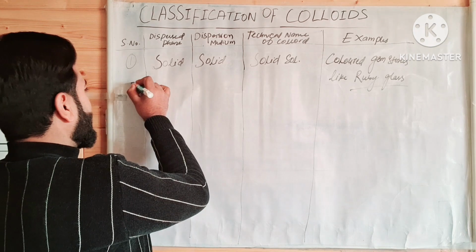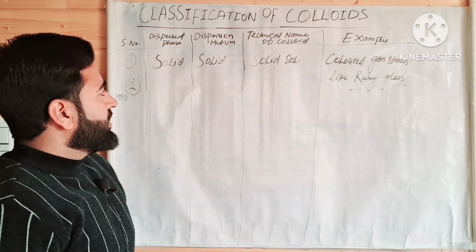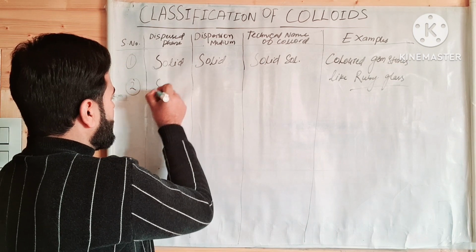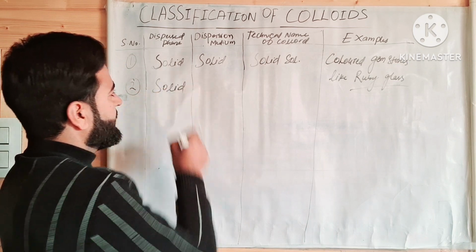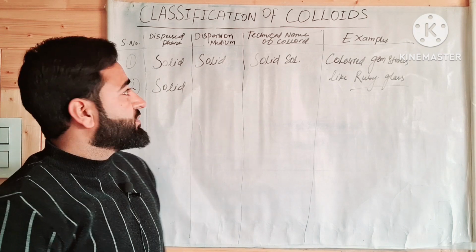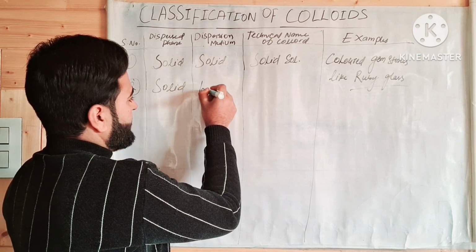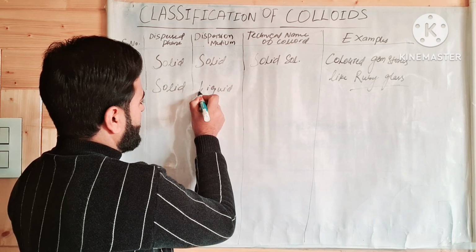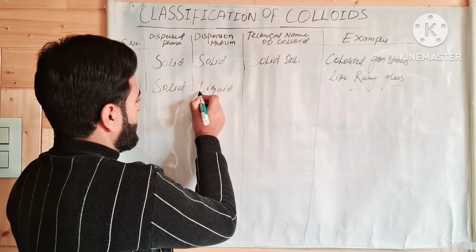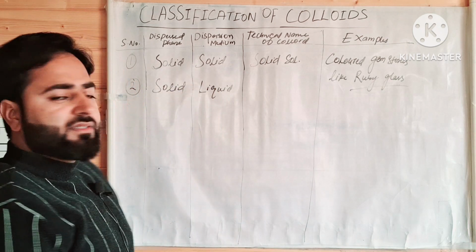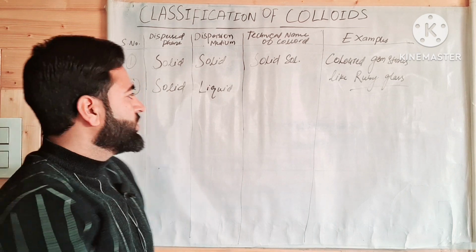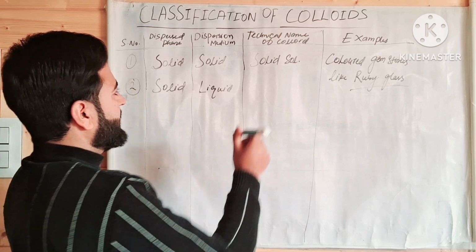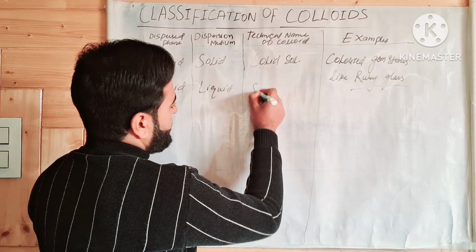Number two is if the dispersed phase is again a solid, but now the dispersion medium is liquid. That is, if we dissolve solid in liquid, the technical name of the colloid is sol.